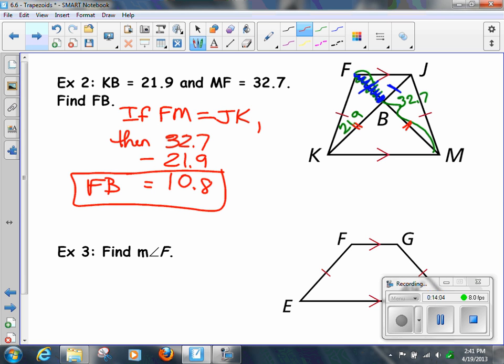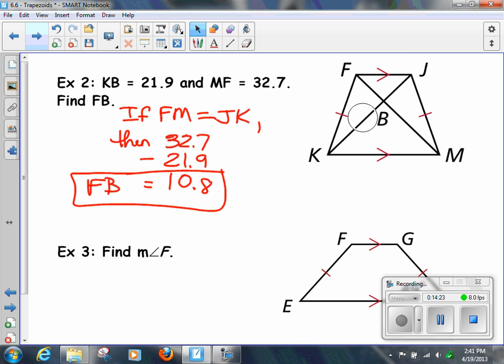You got to make sure that you know all the properties of all the figures. Some of you still don't know the properties of the parallelograms. How do I know to do that? Because, let me erase this again, okay? You can kind of look at this one and tell that these two pieces are going to be congruent to each other, right? And I can kind of look at these two little pieces and tell that they're going to be congruent, right? It says that MF, the whole thing, if MF is 32.7, then what is JK going to be?